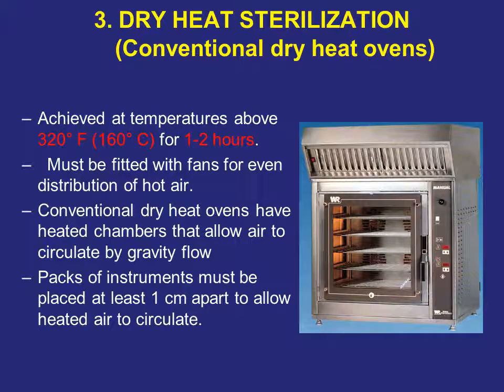The third type of sterilization is dry heat sterilization, or the conventional hot air oven. Temperature is 160 degrees Celsius for 1 to 2 hours. It should be fitted with fans for even distribution of hot air.